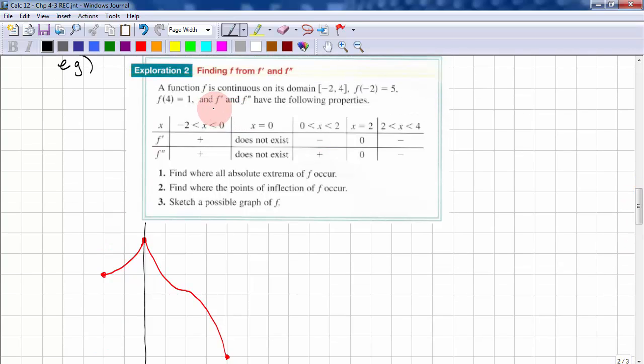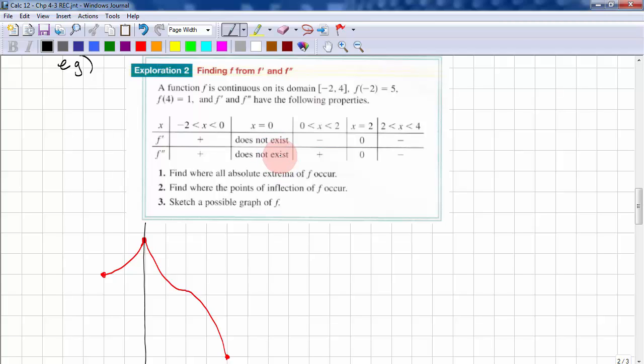Now we have to make sure that the first and second derivative have the following properties. So we want the first derivative to be positive and the second derivative to be positive. So this is all positive and it's concave up. And at 0, we want the first derivative and the second derivative to not exist.